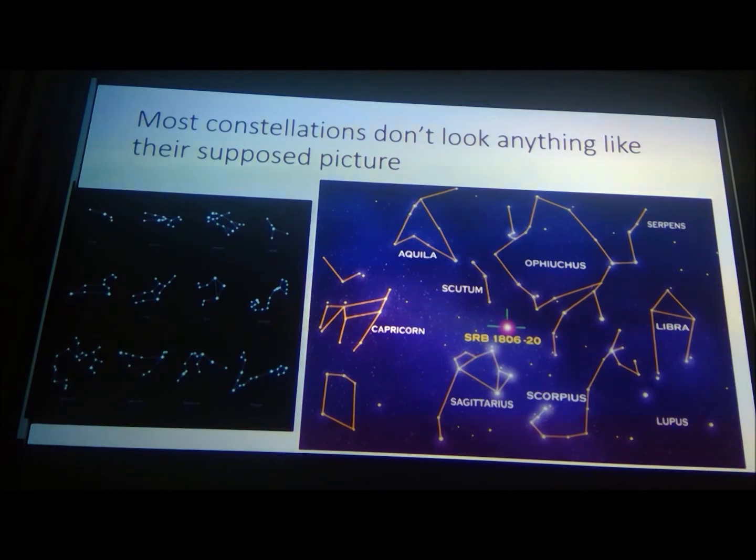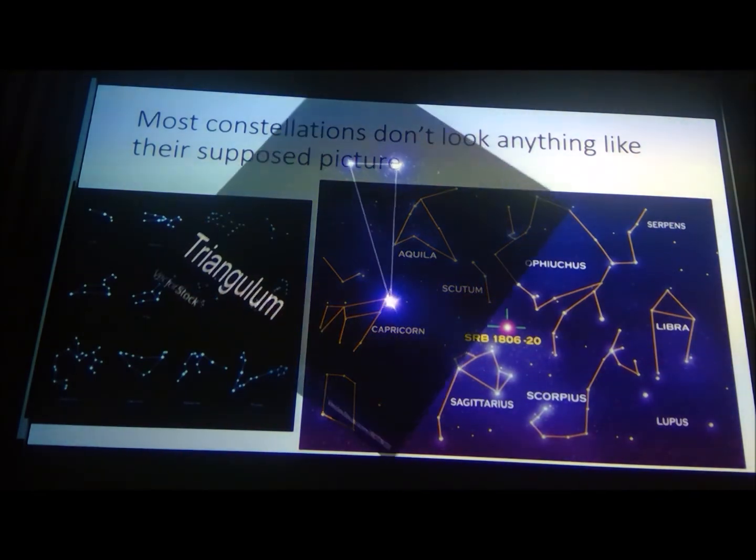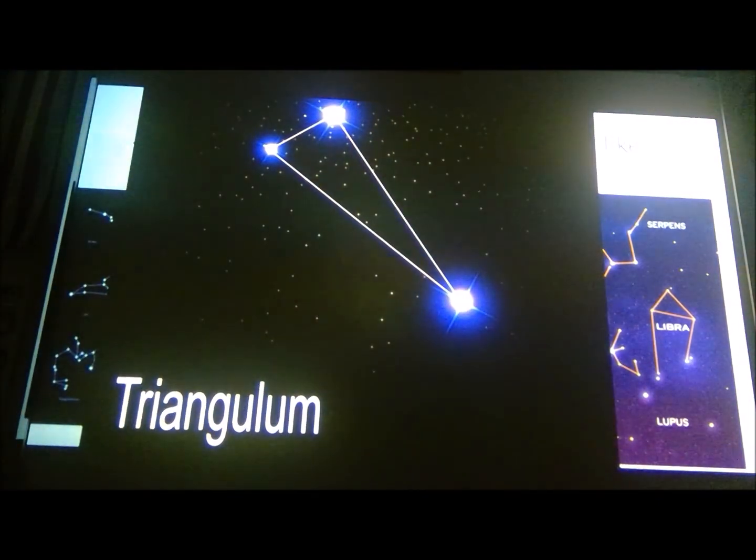Keep in mind that most constellations do not look like what they're supposed to look like. I don't even know what most of those are supposed to be. There is one exception. Triangulum, the best constellation of them all, looks exactly like what it's supposed to look like.